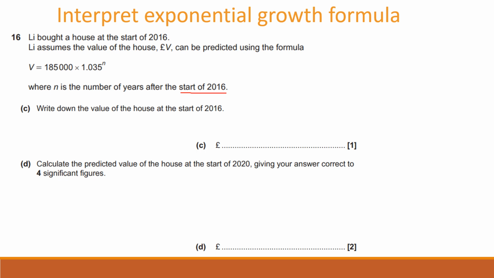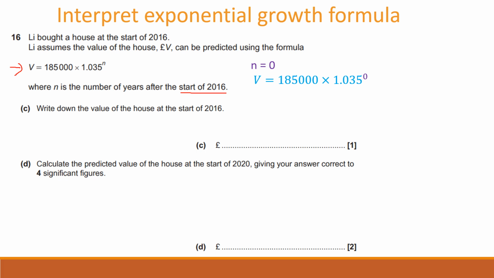So initially, when we're in 2016, no time has passed, so we say n is equal to 0. So then you're just going to plug n is 0 into the formula that is given here on the third row down again. So that V equals 185,000 times 1.035 to the power of n. This time n is going to be 0 though.